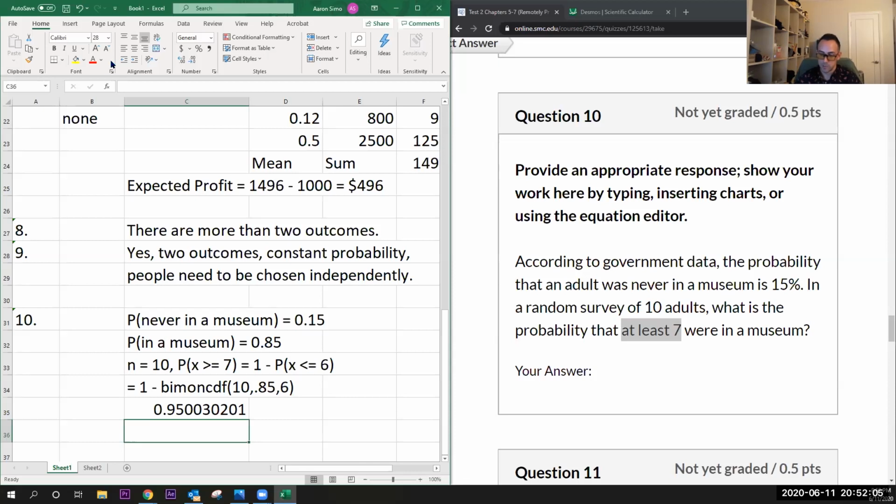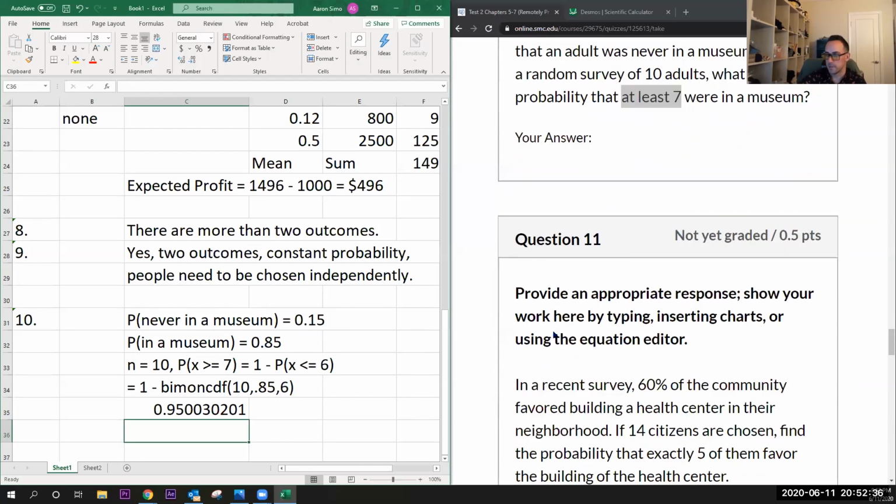I'd probably say the word chance, because if I'm going to use the word probability, I would say the probability that at least 7 were in a museum is 0.95. If I want to use the number 0.95, I have to use it the right way. But anyway, I'm just being too nitpicky. But yeah, you're right.